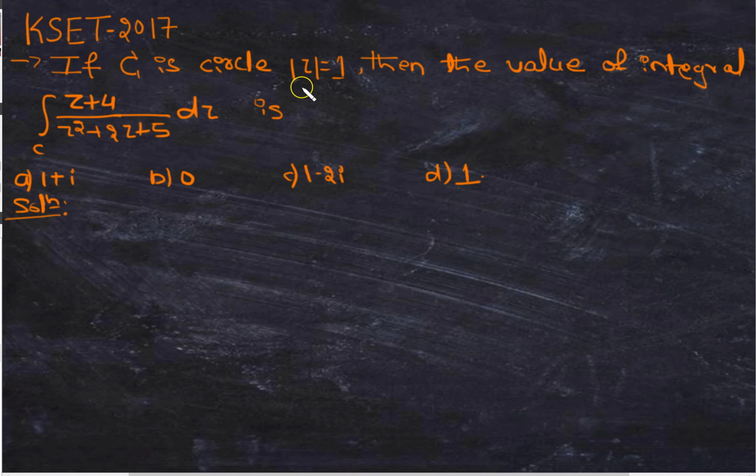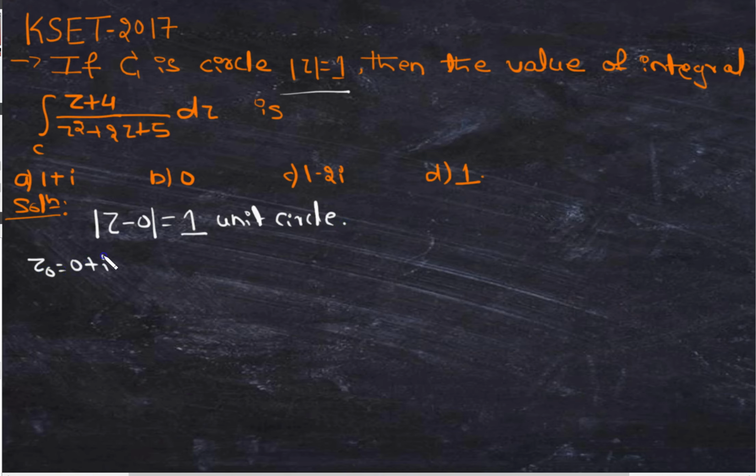In this example the given contour is mod z equal to 1. This is a circle, the unit circle, with center at the origin and radius 1. The center of that contour is 0 plus i0.